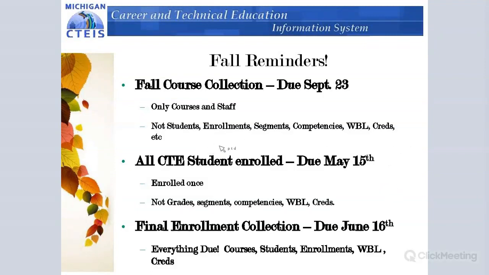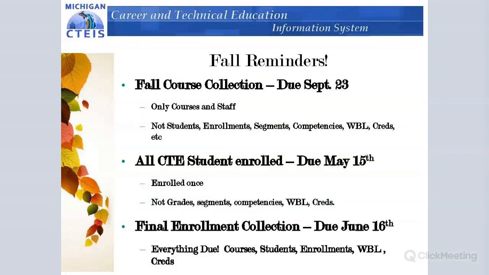The next major deadline that you have to worry about is May 15th. All of your CTE students need to be enrolled. The reason we need this is to do a lot of our year-end processing, which includes the funding and the core performance indicator generations. We have to get additional data from additional state systems like MME and the GAD file and some of these other things.